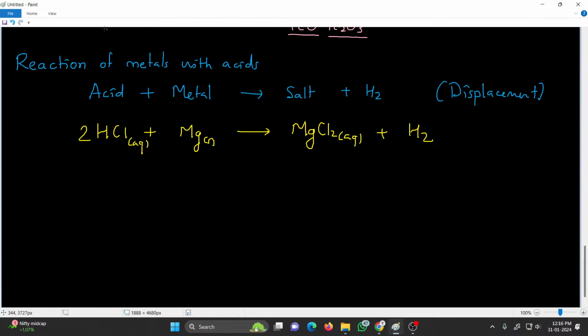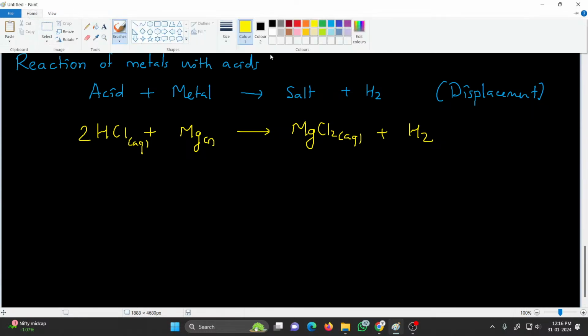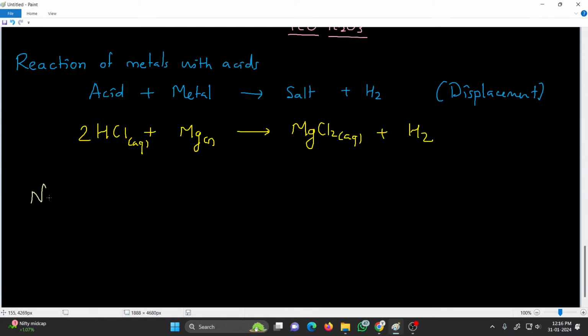Now there is an exception to this reaction, and that exception is nitric acid. Nitric acid doesn't release hydrogen gas when it reacts with a metal. It is so because nitric acid is a strong oxidizing agent.